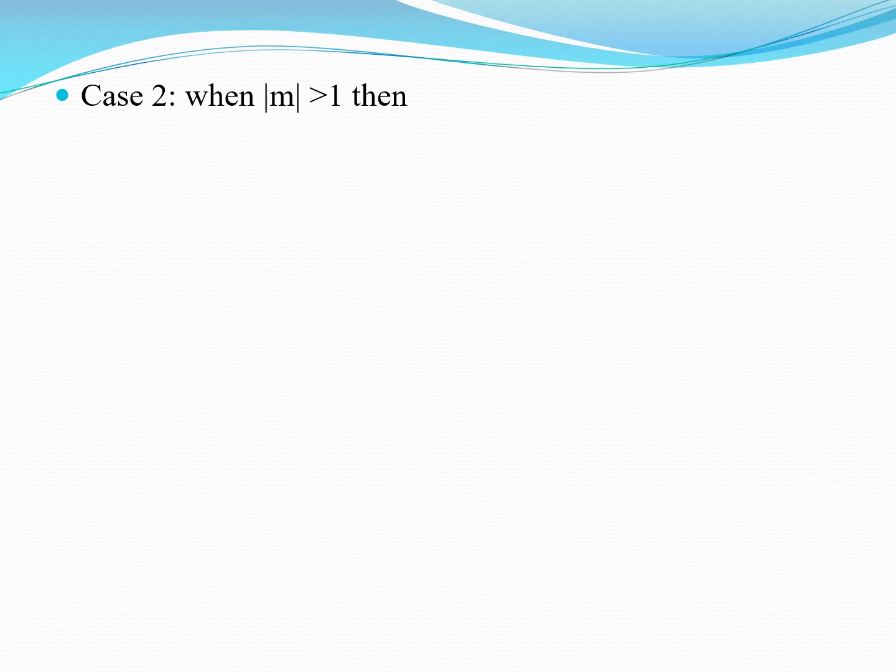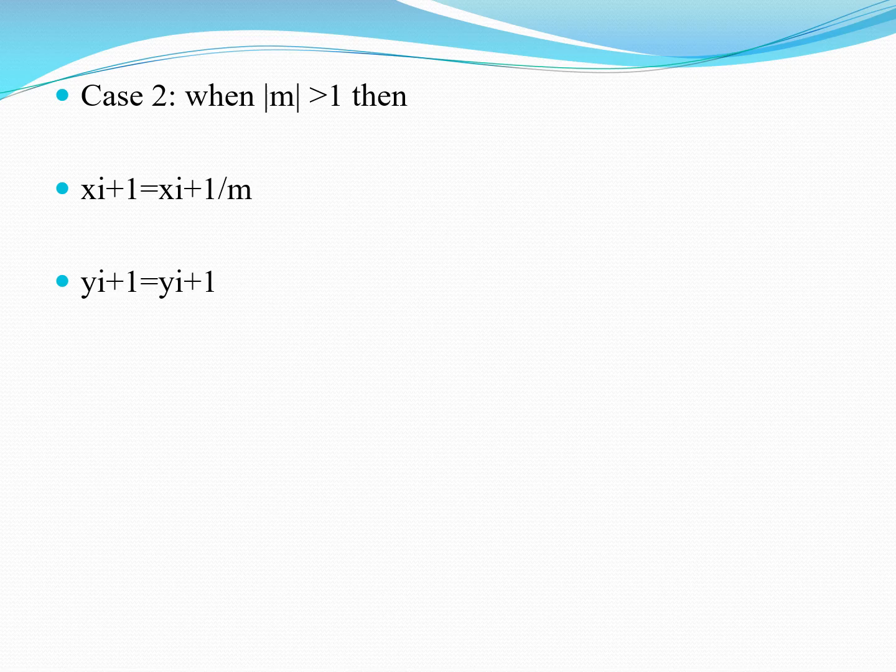So the next condition is when the slope is greater than 1. Then how do we increment the x and y values? You increment the x value with xi+1 equals xi plus 1 upon m. In this condition, we divide 1 by the slope and add that value to the x coordinate.